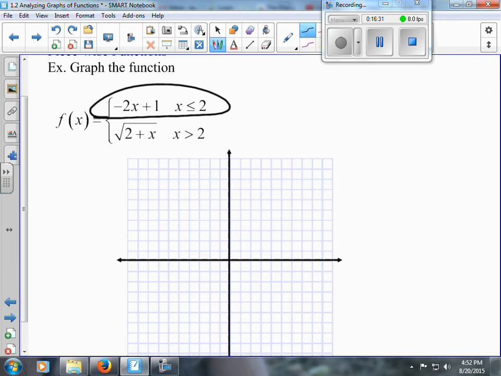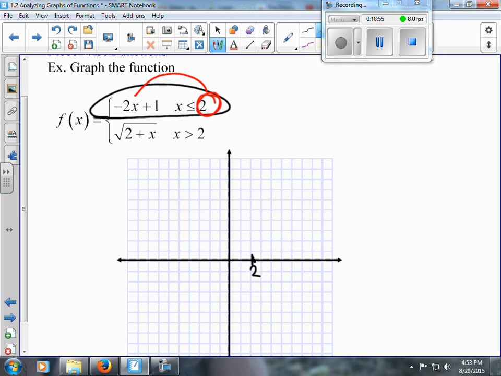All right, the line is for x values less than or equal to 2. Here's 2 right here. Then the square root graph is for x values greater than 2. And so at 2, right here in this spot, we're going to switch. We're going to have different pieces. Okay, so let's just do this left piece. You can always plot some points, but this is a line, and I always recommend that you plot this point.